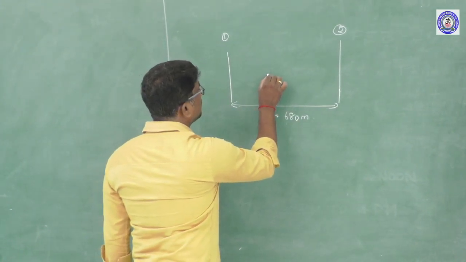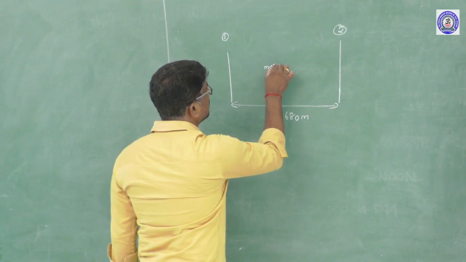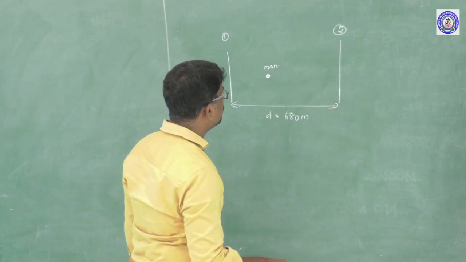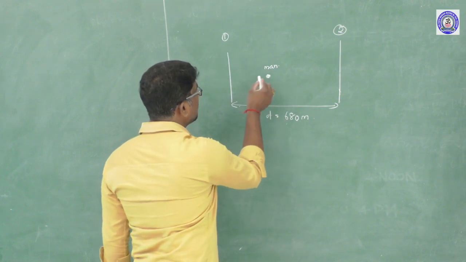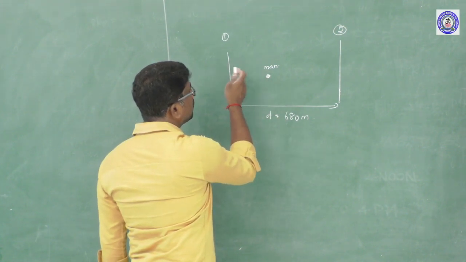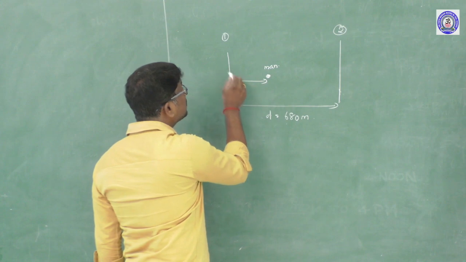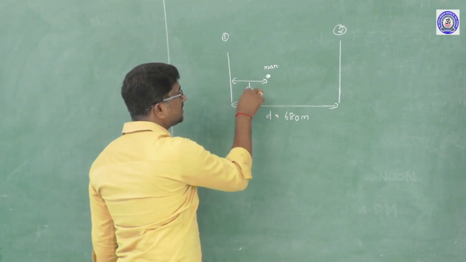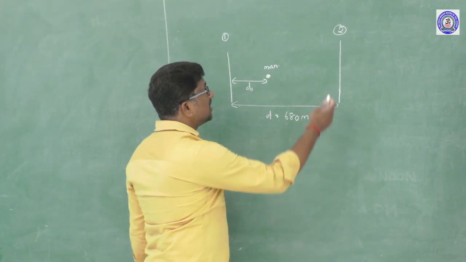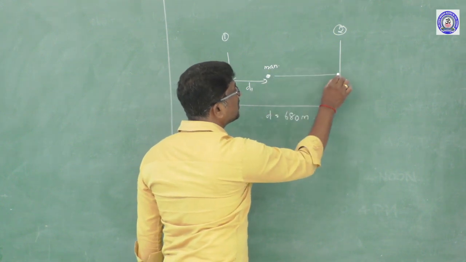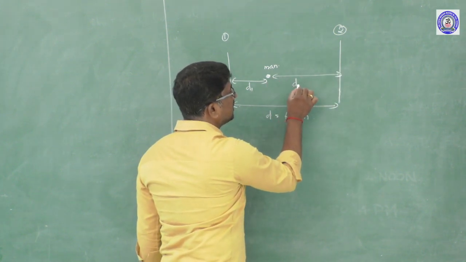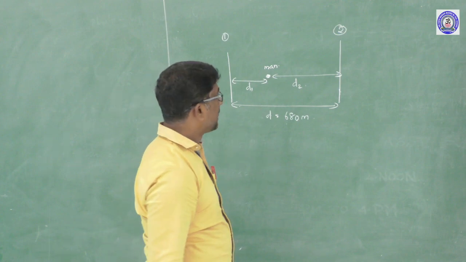A man is standing between these two vertical walls, and the distance of the first wall from the man is taken as D1. And the distance of the second wall from the man is taken as D2.